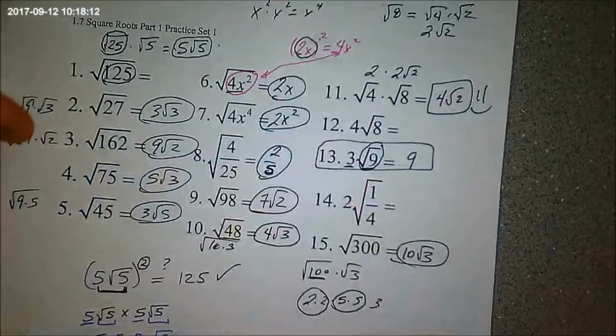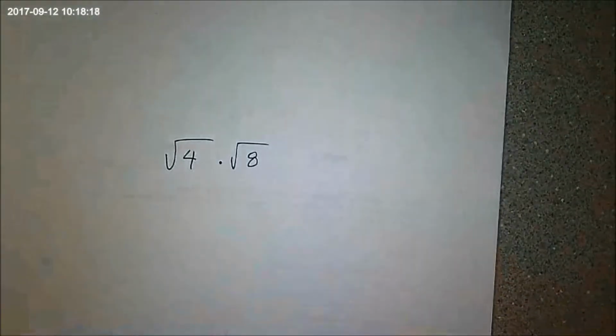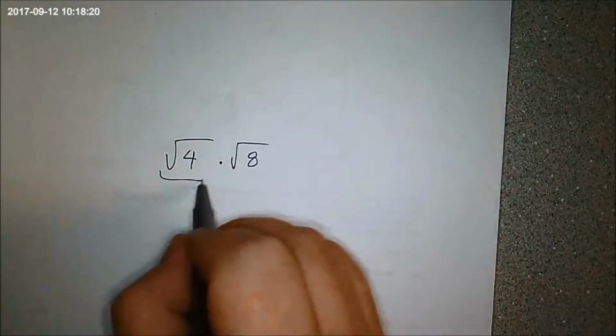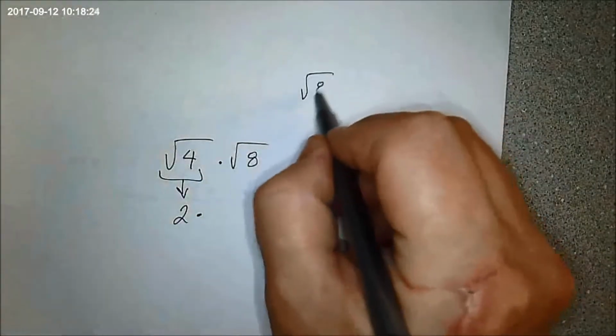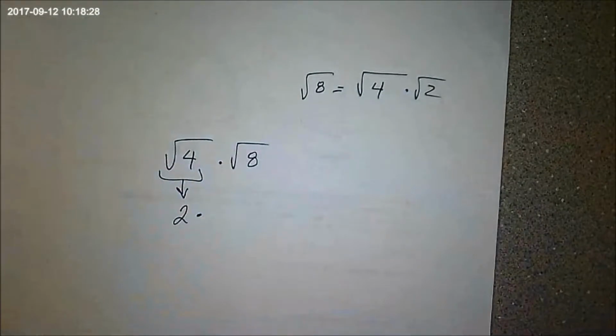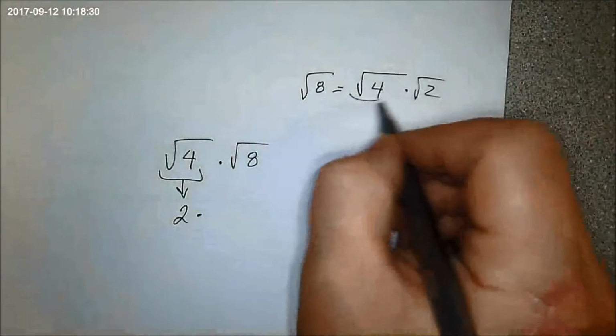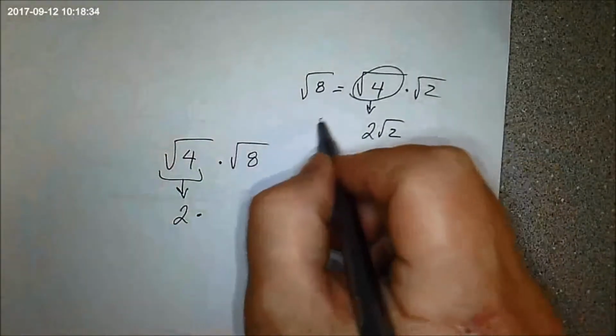Made no sense, Abraham? Yes, sir. So let's take a look at it. You ready? Okay, so we got the square root of 4 times the square root of 8. Are you comfortable with this being just equal to 2? Okay. Now the square root of 8. Are you okay with this? Yeah. And this is equal to 2, right?